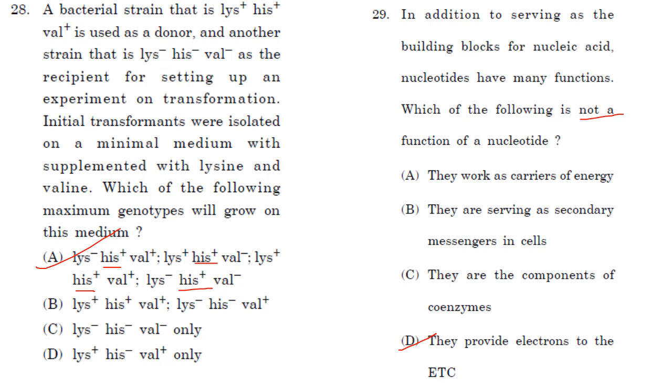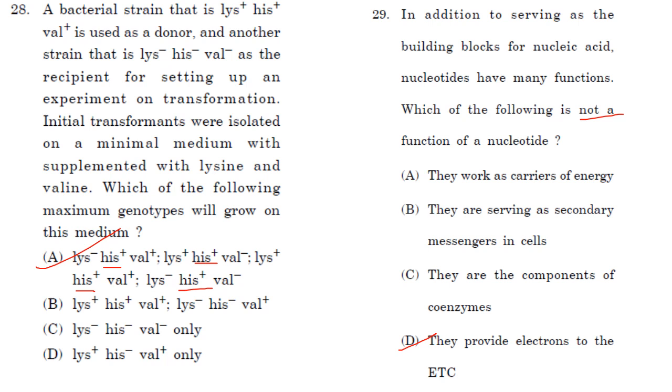So you have to see for options where histidine minus is not present. So if you see the options, you can see A where histidine is plus here and plus here. So the answer is option A.